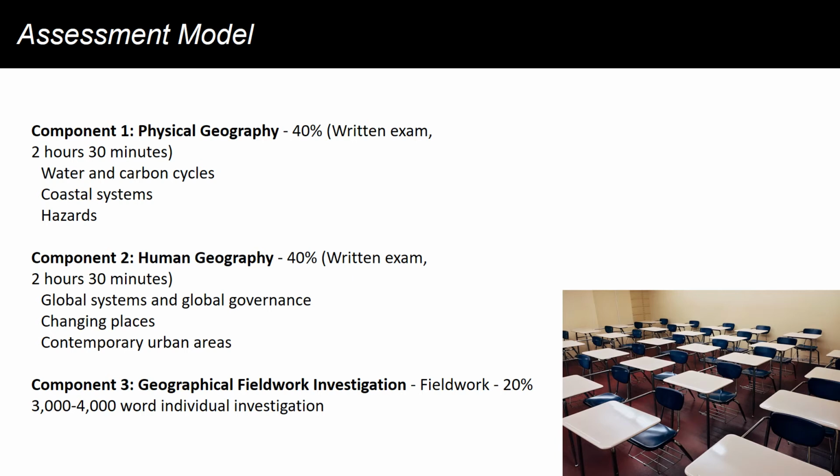You'll produce a piece of coursework between 3,000 and 4,000 words that you'll then submit prior to your exam. This is a great opportunity for you to develop your writing skills and your independence. It shows universities that you can work independently, that you can bring things together, that you can reach conclusions. And even if you're not looking at going to university, it's a great thing to show employers.